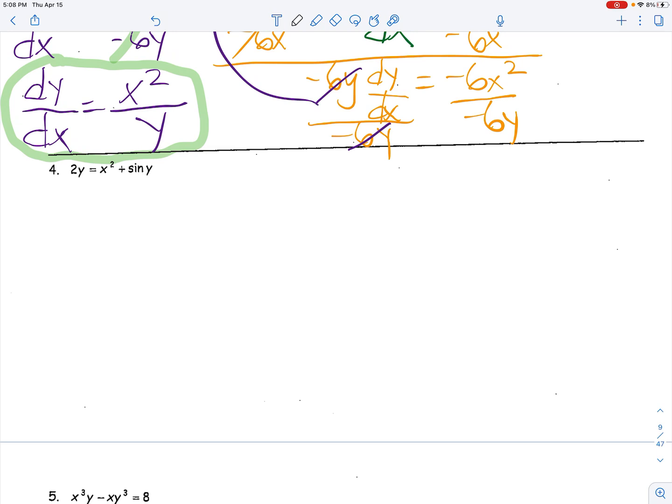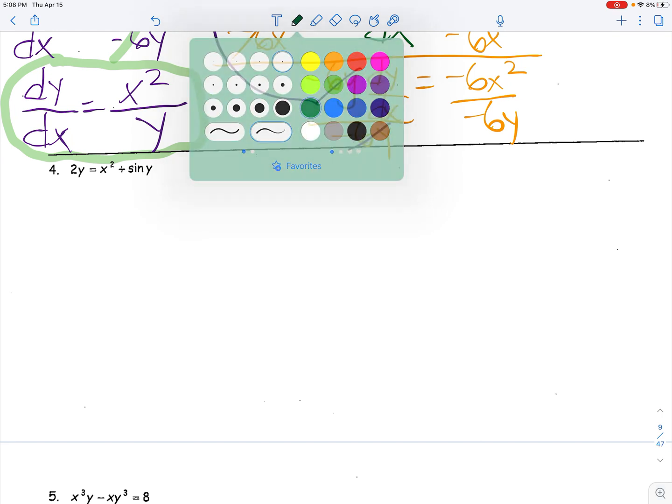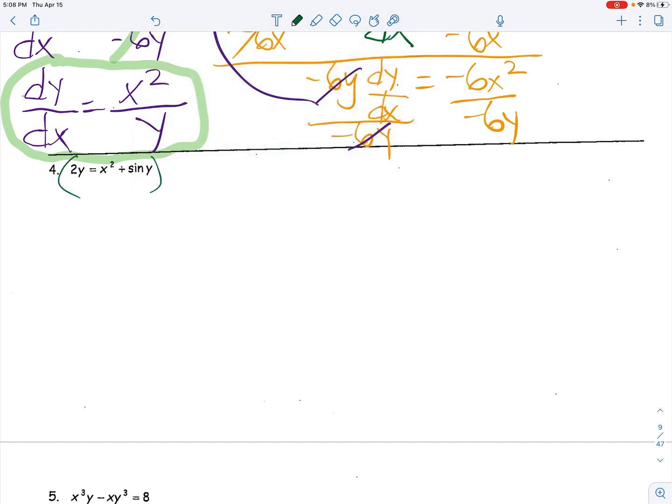Let's see here. All right. Take the derivative of both sides, right? d/dx both sides.